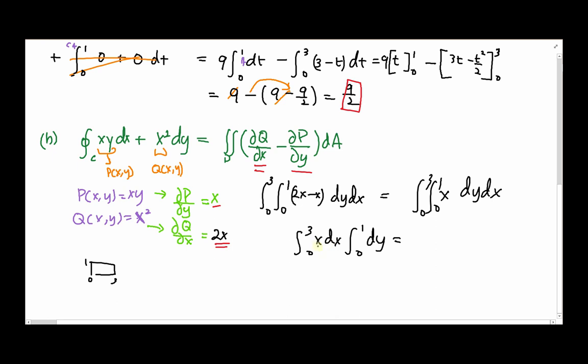Now let's evaluate separately. x becomes x squared over 2. Upper is 3, lower is 0, times this will be simply y.